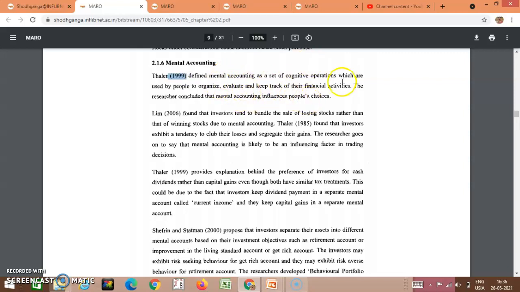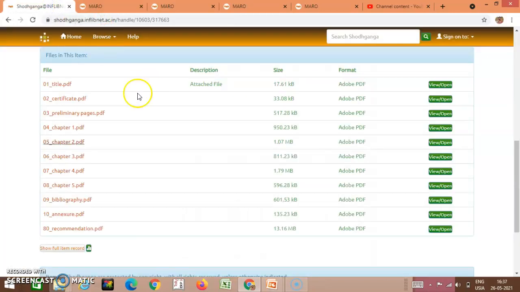In this article he has mentioned this thing, and if you go to the reference page, you can identify from where this person has quoted this particular idea. In the same way he'll have all the reviews of literature.